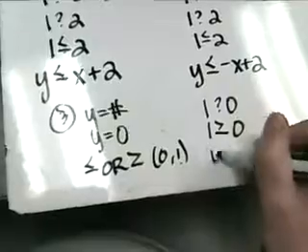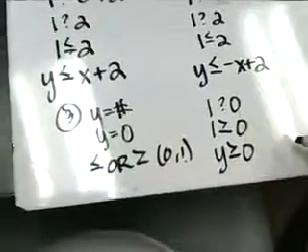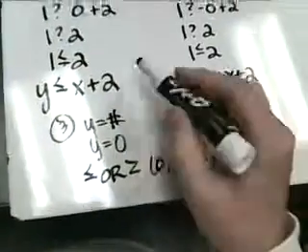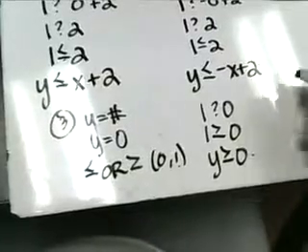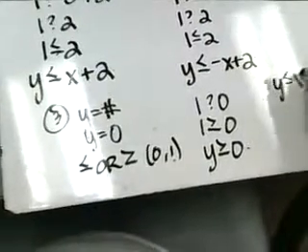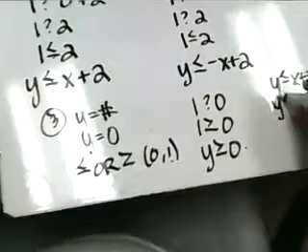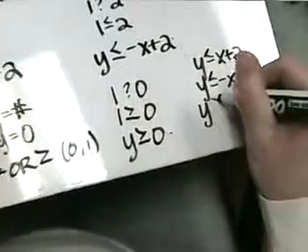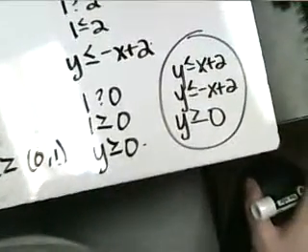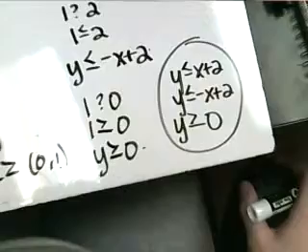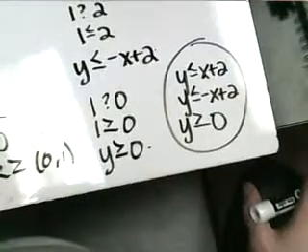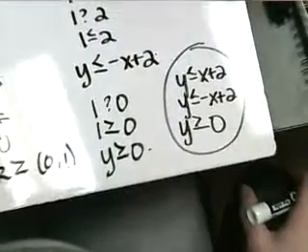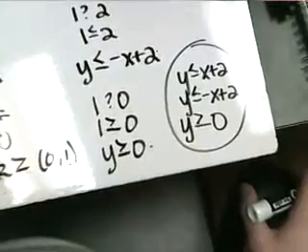So that means y is greater than or equal to 0. Now I'm going to take my 3 pieces and put them together. There's my final answer. Okay, so that takes a little more work. But you can do it.